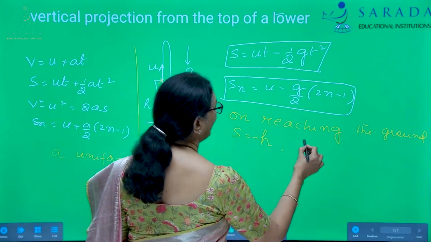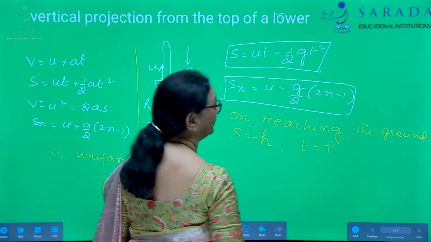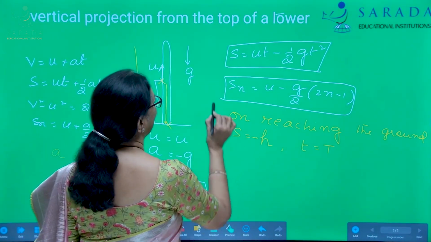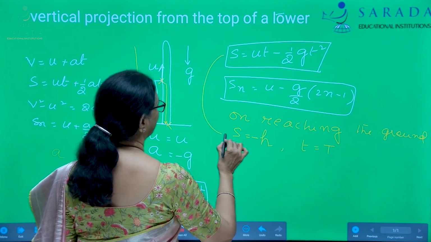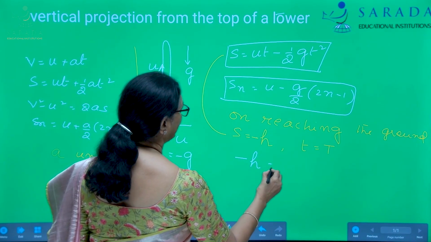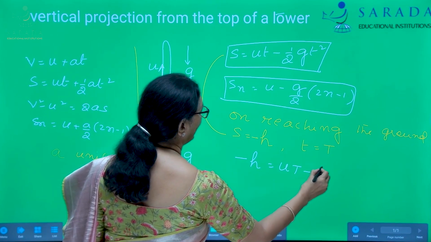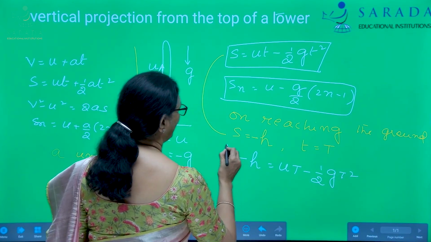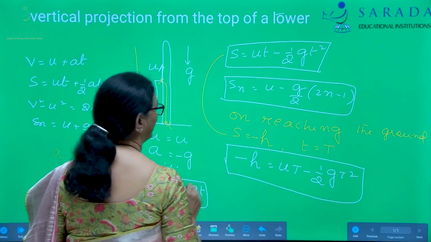If the time taken to reach the ground is t, then substituting in this expression, it becomes minus h = ut minus half gt square. This is a very common equation.